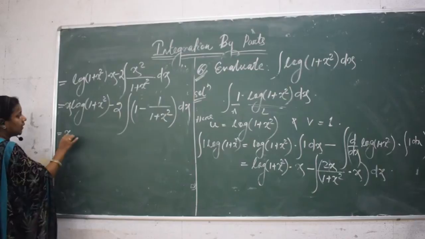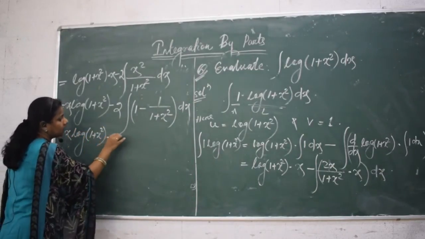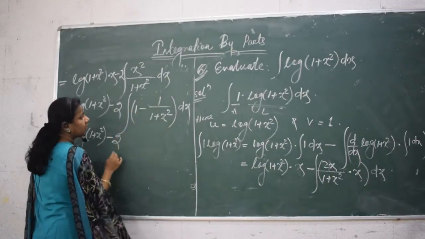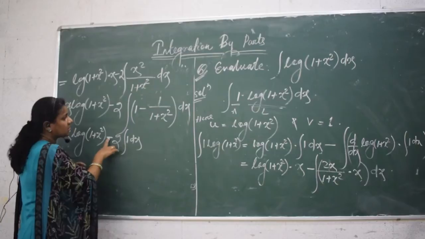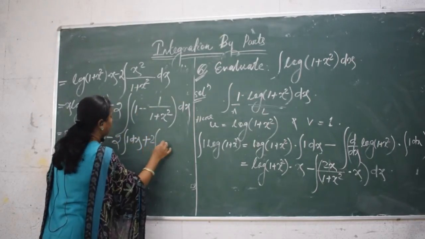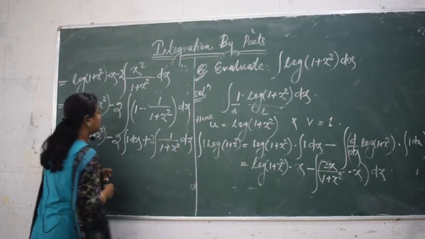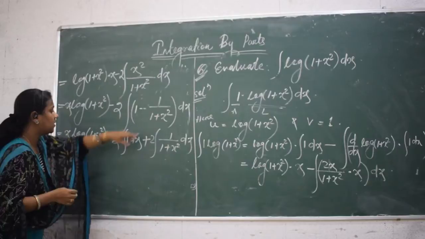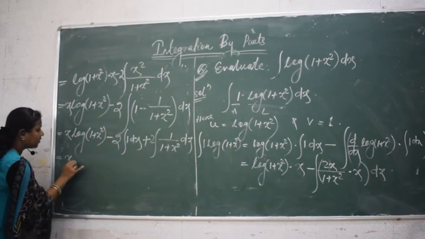So if the degree is the same, you have to divide, then you can integrate. So here x log of 1 plus x square minus 2, I can open the bracket: the integration of 1 dx, minus sign is there. If I open this bracket, it becomes plus the integration of 1 by 1 plus x square. So here it becomes minus plus. So how to do the integration here?